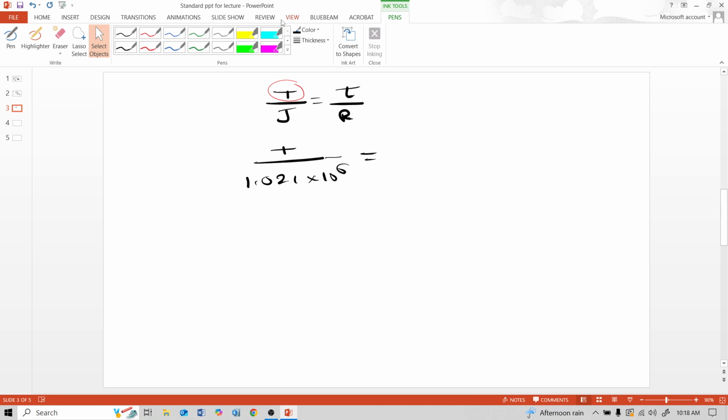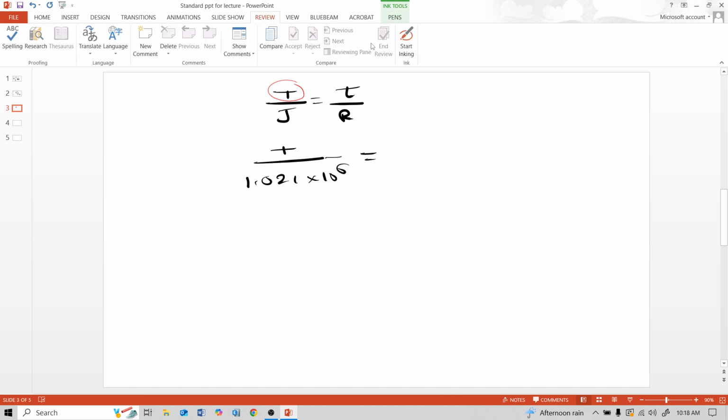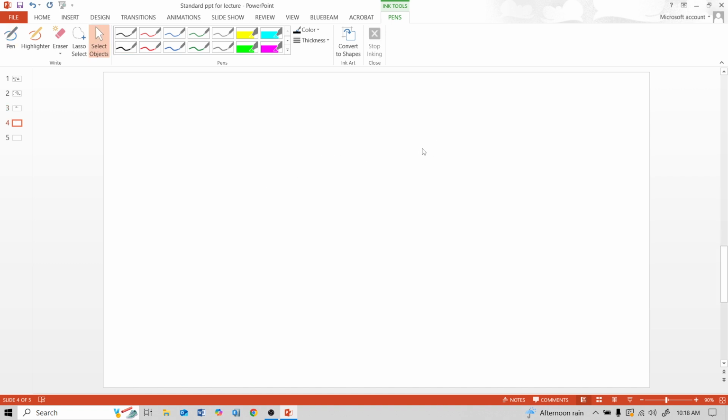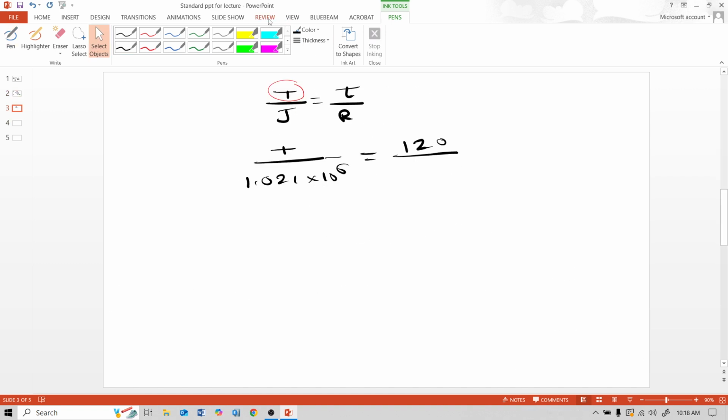We use maximum because we require this T maximum. So tau is 120 and radius is 30.